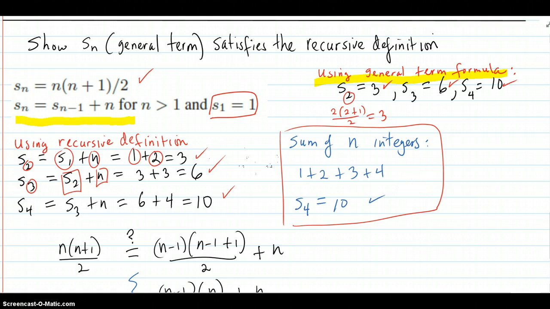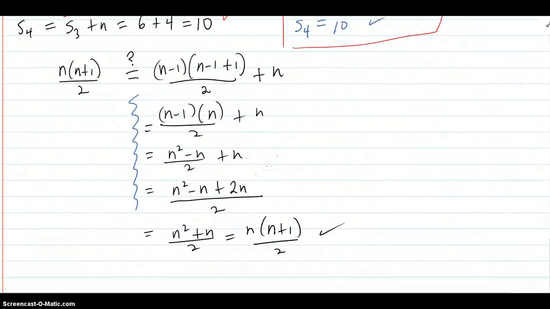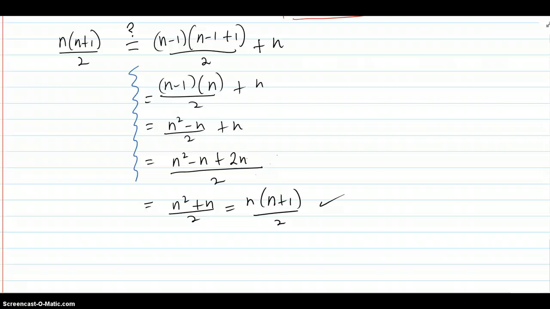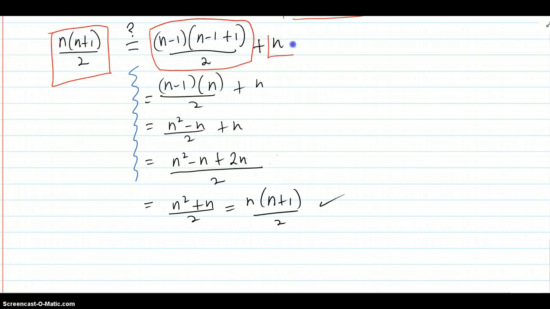We're supposed to prove that the general term satisfies the recursive. So if we use the recursive formula, the n times n plus 1 over 2, which is the general term, is supposed to equal the previous term, which is this, plus n.